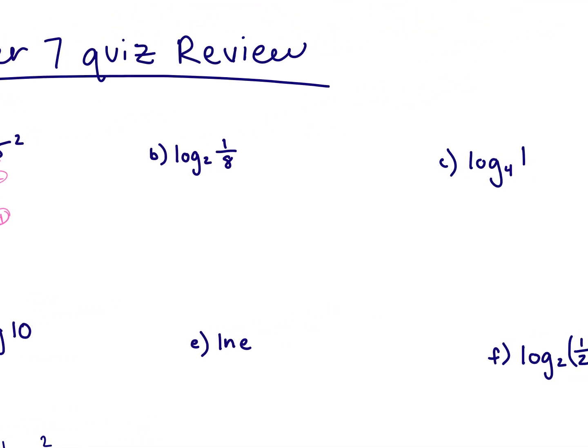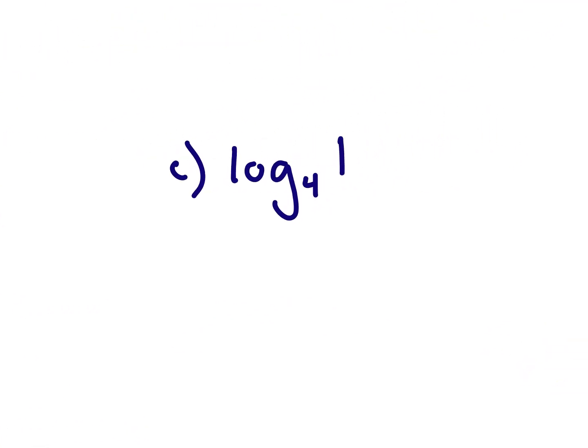Let's look at, what about for C? What would I do here? Yeah, we could do it that way. So I could say log base 4 of 1 equals x, and then we could rewrite it in exponential form.